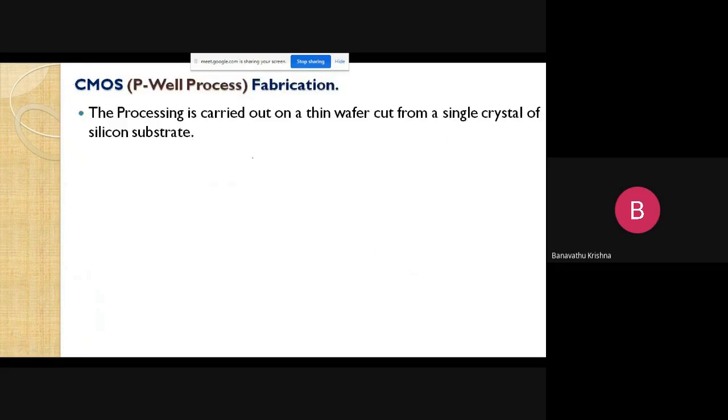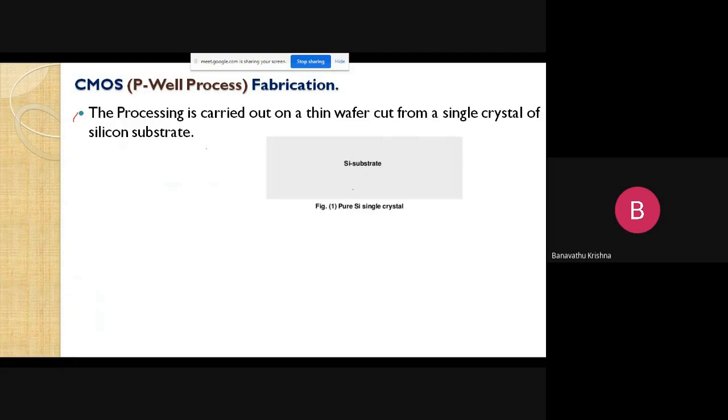In the CMOS fabrication process here, the processing is carried out on a thin wafer cut from a single crystal of silicon substrate. So this is a substrate here. It is pure Si, nothing but a silicon single crystal.